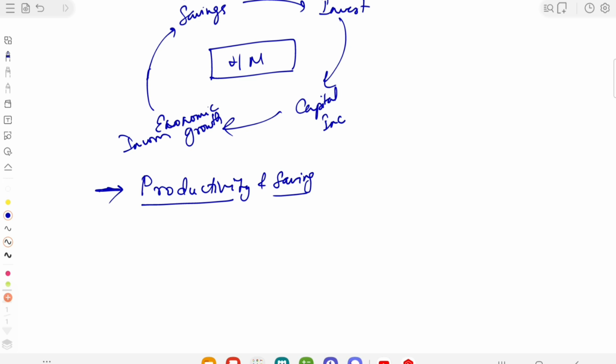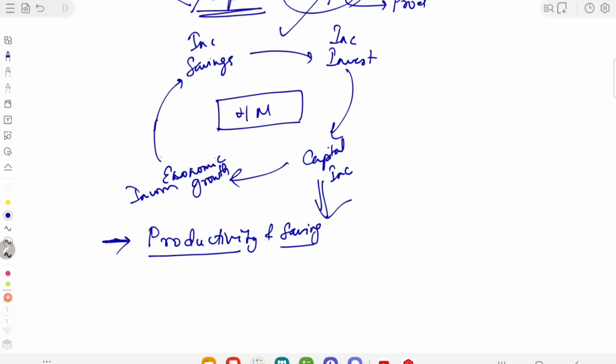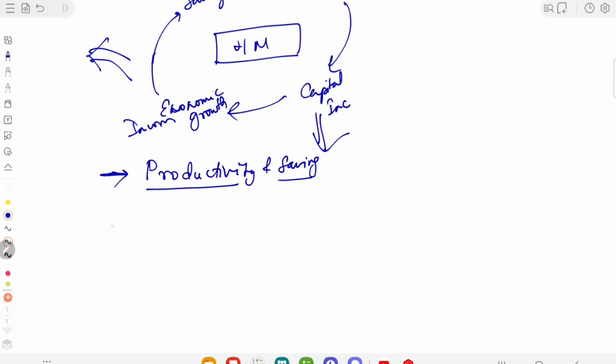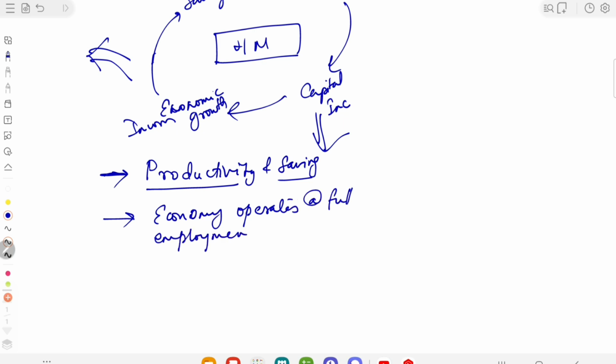Only then will this work. Otherwise, if there is leakage in the system, either in terms of capital or skilled labor, then this cycle will not happen as smoothly. So that is another assumption. Second assumption, you can write that the economy operates at full employment and all available capital is used up.